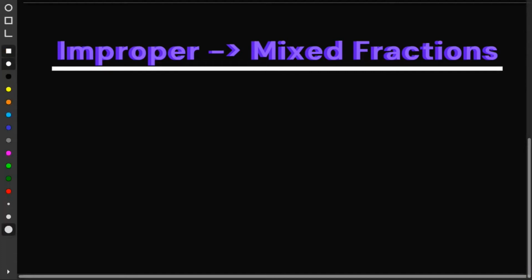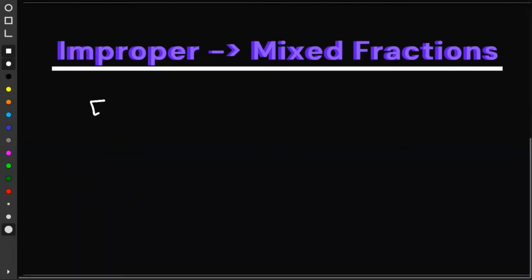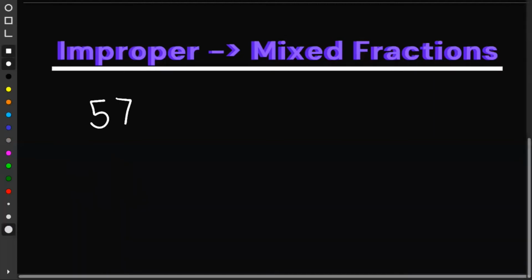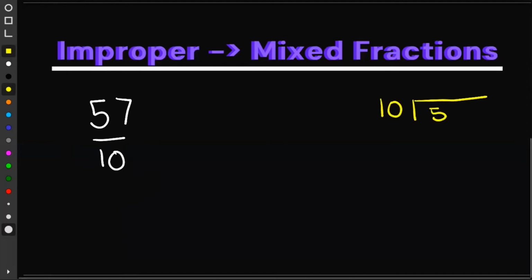Now let us try another example. Say if we have 57 over 10. So let's try dividing. So we have 10 into 57.